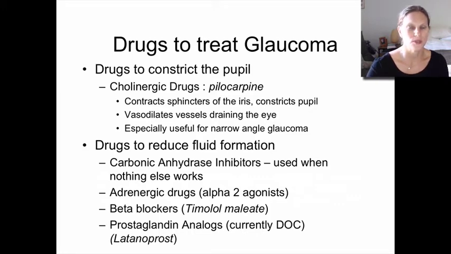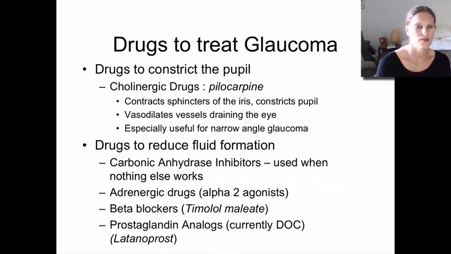Okay, so especially useful for narrow angle glaucoma because that's where we need to move the iris out of the way. So then we have our drugs that reduce fluid formation. Carbonic anhydrase inhibitors really aren't used hardly at all, only if there's nothing else to use, so we're not going to talk much about that. We could use adrenergic drugs. We have alpha-2 receptors in the radial muscle of the eye, which would potentially be effective here.